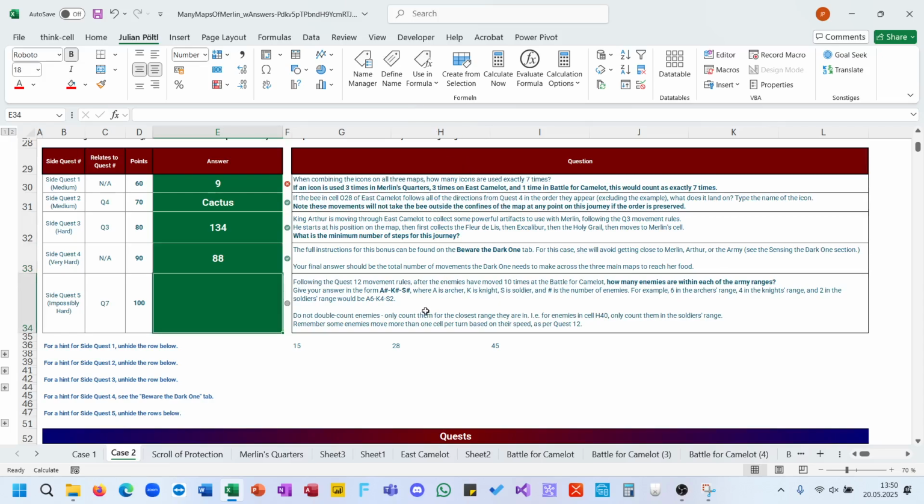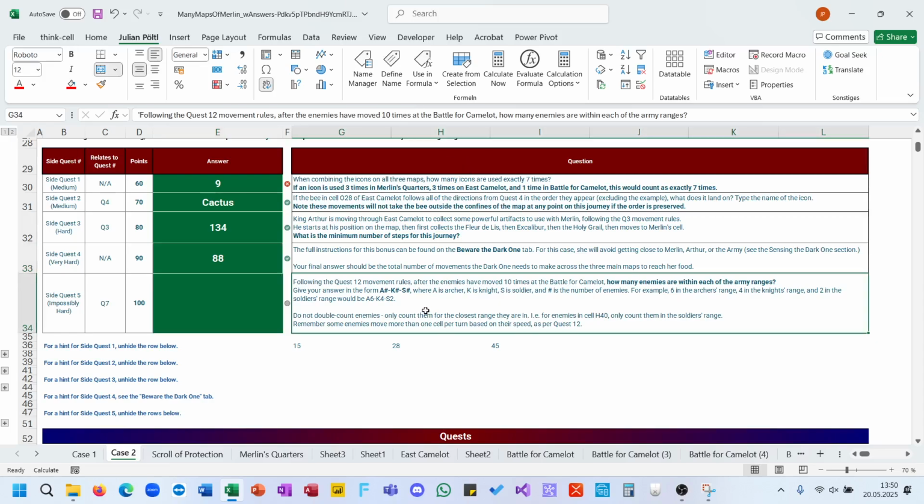So now, side quest 5 or bonus 5. Following the quest movement rules after the enemy have moved 10 times. A what?